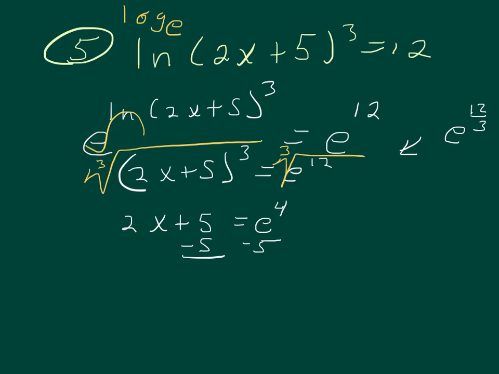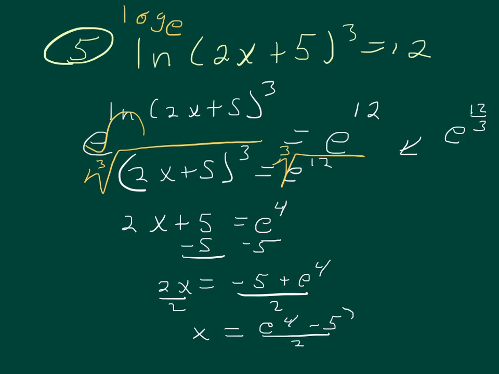And after I subtract 5 from both sides, that gives me 2x is equal to negative 5 plus e to the 4th. Lastly, we're going to divide by 2, and I will get x is equal to, and I'm going to flip that around so it's e to the 4th minus 5 all over 2, and then of course I put it in set builder notation. Okay, and you can leave your answer just like that.